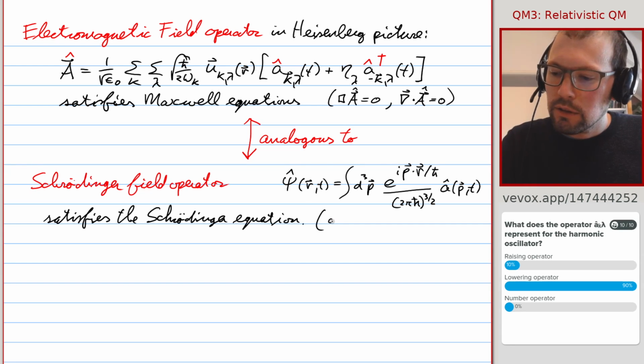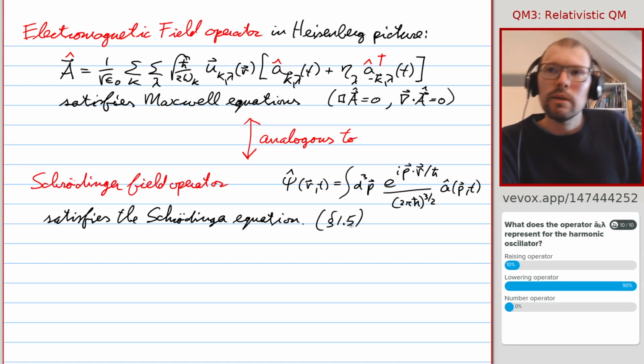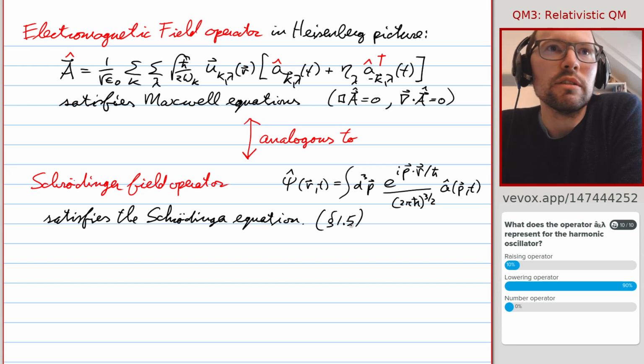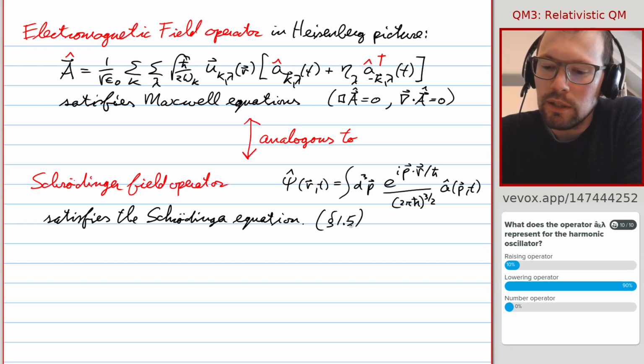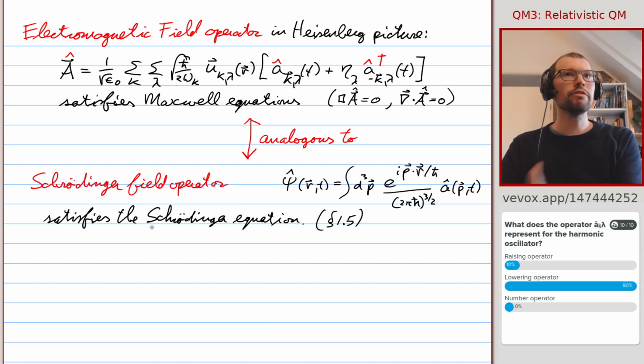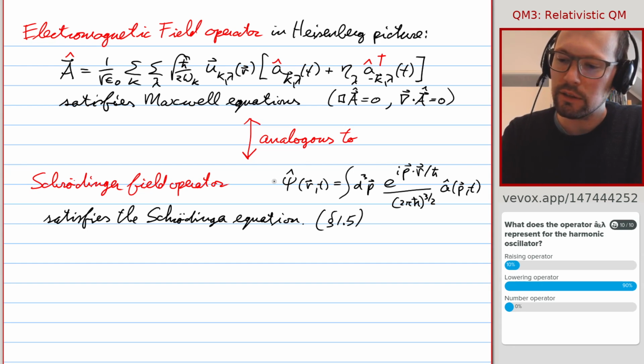So this was in paragraph 1.5 of the lecture notes. This is entirely analogous to our current situation. The only difference really is that we have not turned the wave function of one particle quantum mechanics into an operator version, which is a Schrödinger field operator.